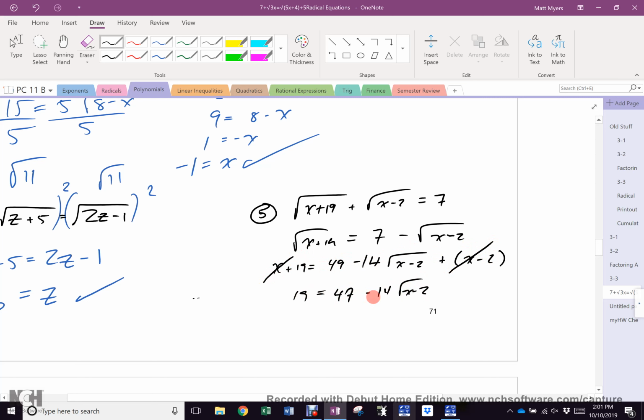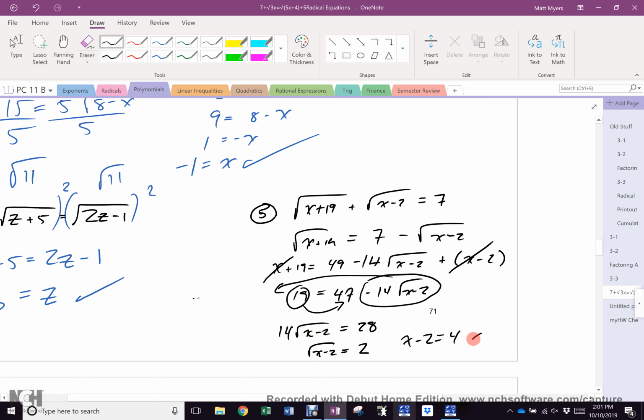I, of course, don't like that negative 14, so I take all this over here. I take this over here, and I get 14 root x minus 2 equals 28. Root x minus 2 equals 2. x minus 2 equals 4. x equals 6.